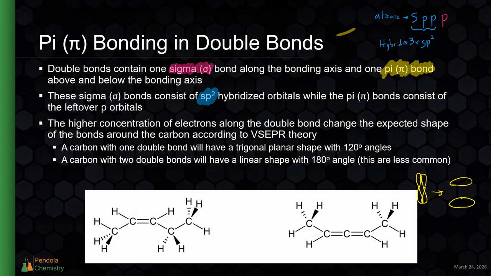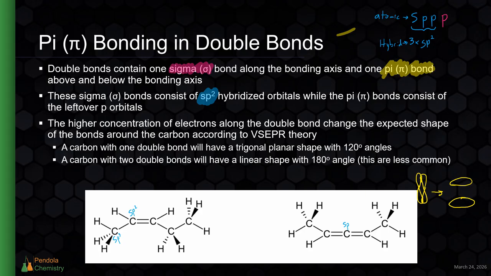And all these carbons have different hybridization. This carbon will be sp3 hybridized because it has 3 single bonds. This carbon will be sp2 hybridized because it has a double bond and single bonds. And this carbon right here would actually only be sp hybridized. Why sp hybridized?